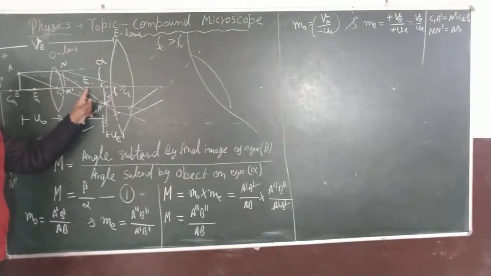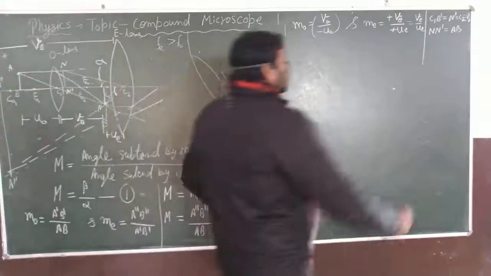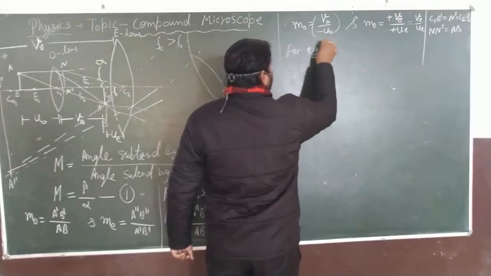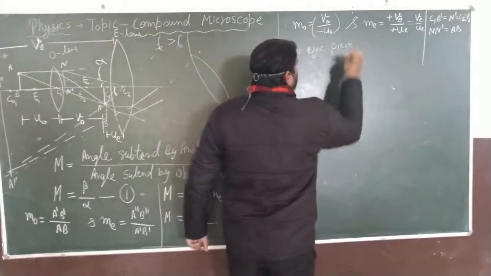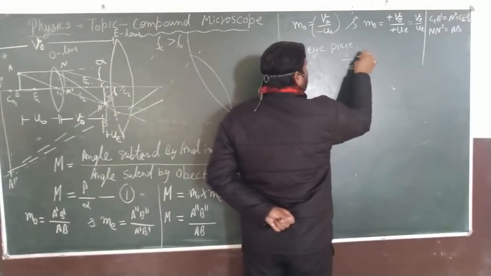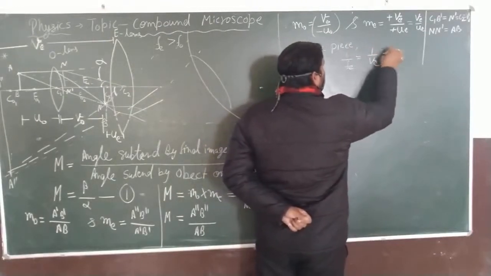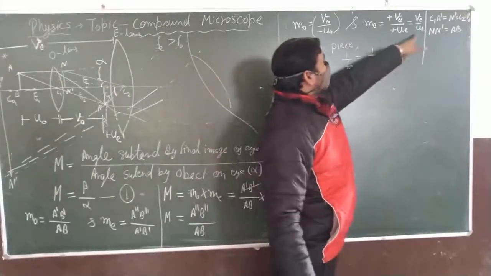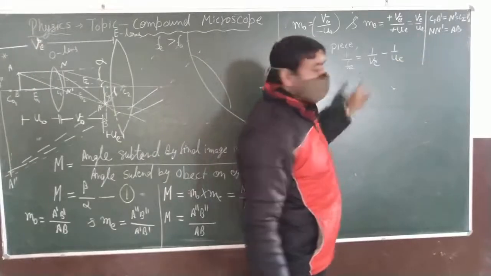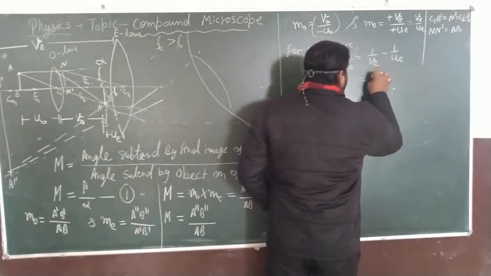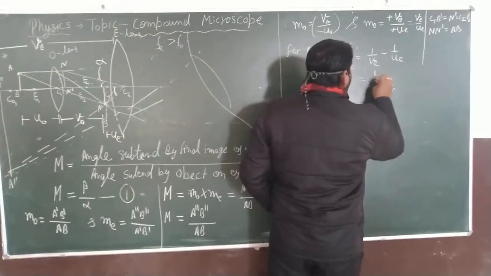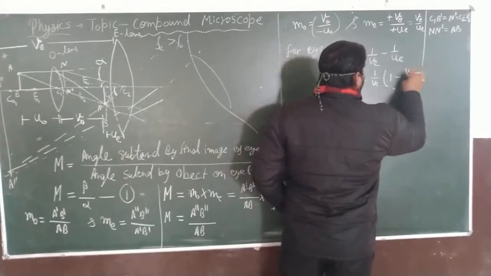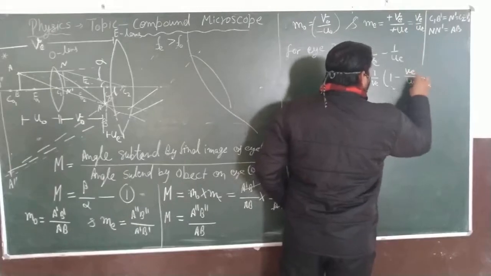Okay, and because the object is in between the focal length and the center of curvature, for the eyepiece we can put 1 upon Fe is equal to 1 upon Ve minus 1 upon Ue. Clear? By taking 1 upon Ve as common, we get 1 minus Ve upon Ue.